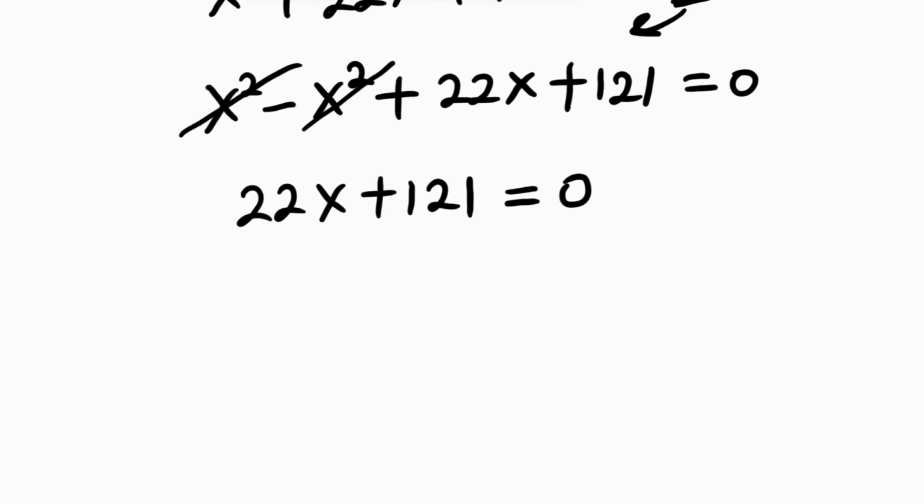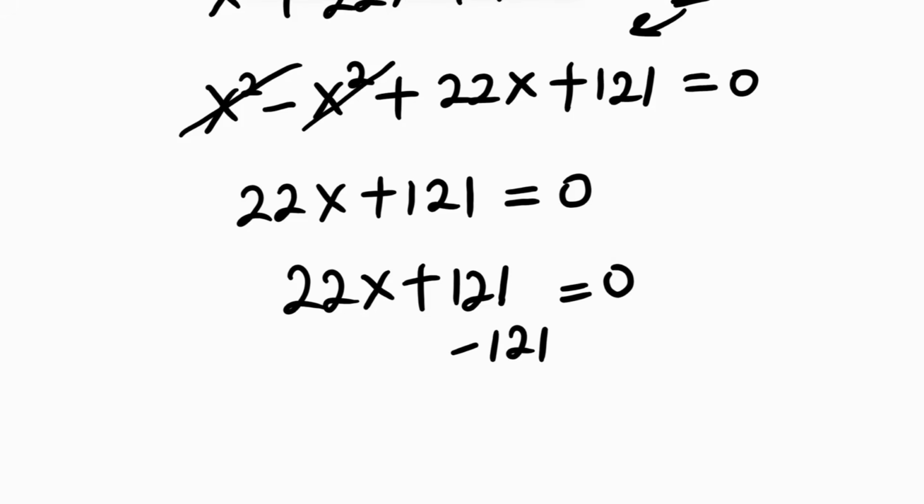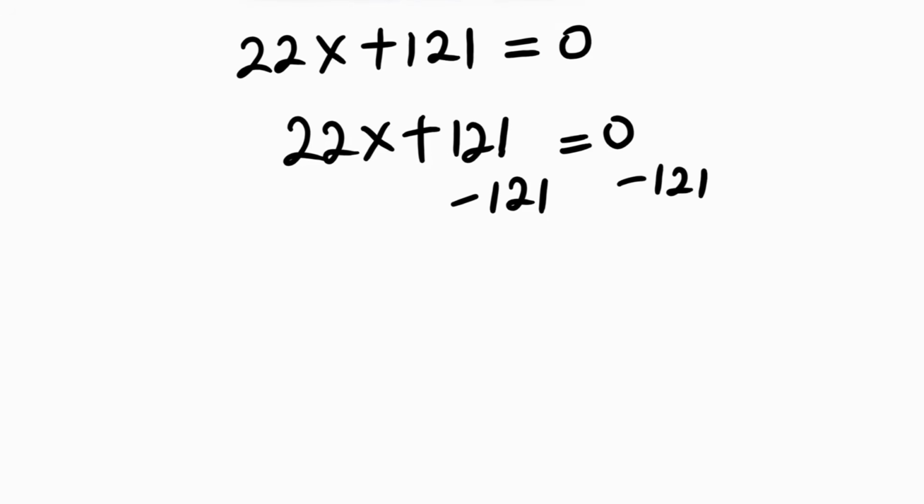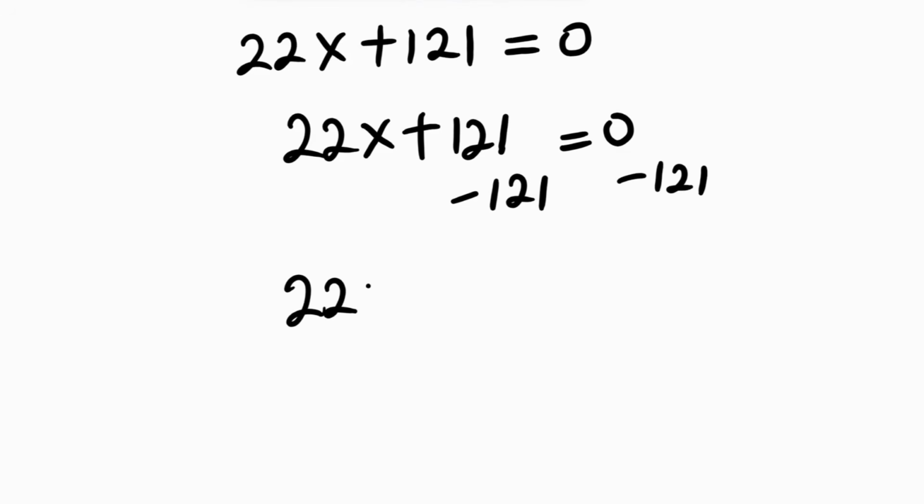Now, we can subtract 121 from both sides. So we have 22x plus 121 minus 121 equals 0 minus 121. So what we have is 22x equals minus 121.